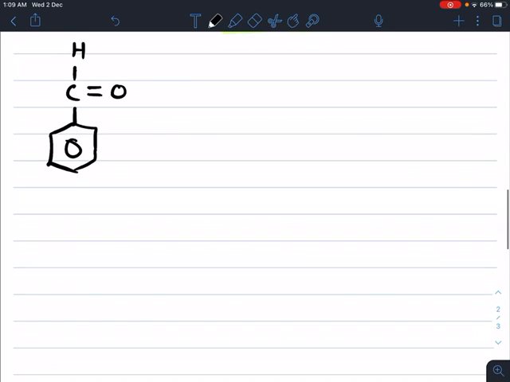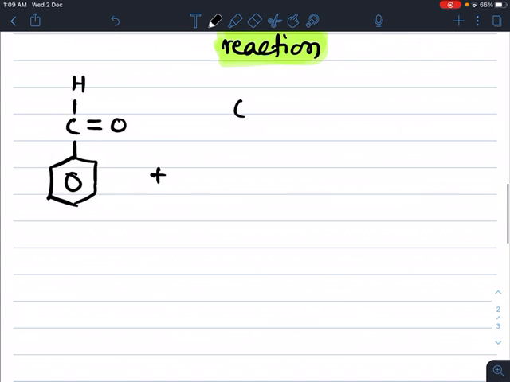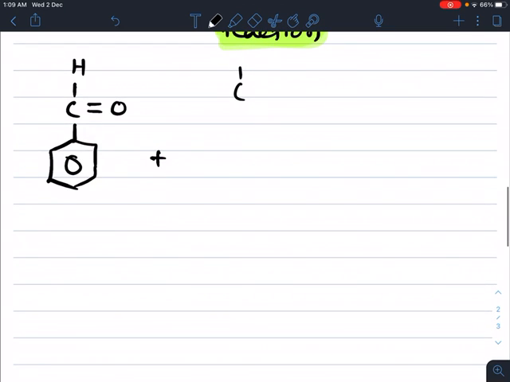Okay, if we take a second example of a compound with absence of alpha hydrogen, it is benzaldehyde. After formaldehyde, the second example is benzaldehyde. So a benzene ring, that is a phenyl group, attached to the CHO aldehyde group, plus another molecule of benzaldehyde, also with the CHO group attached to the benzene ring.